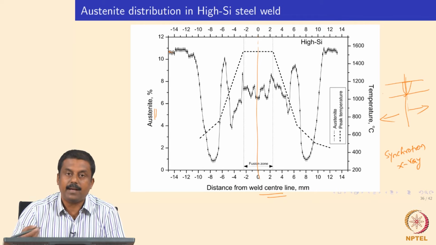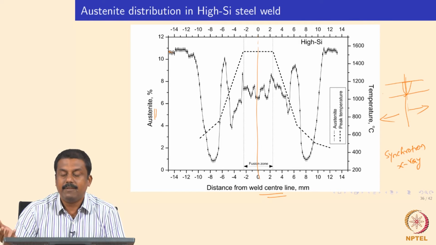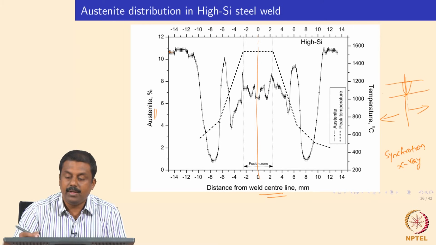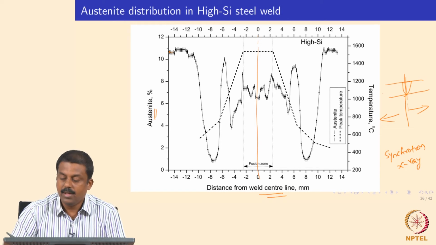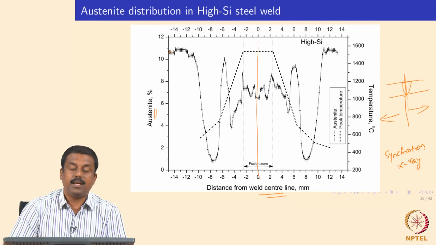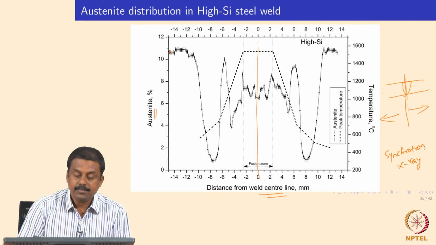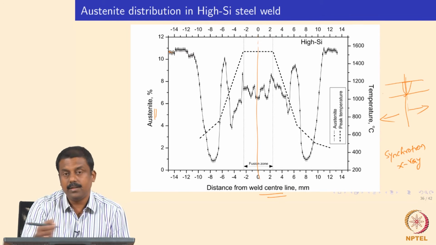So we can measure the diffraction on the other side of the sample, which is known as transmission X-ray diffraction. In the laboratory we will be doing it only in reflection mode, but because we use very high energy X-rays which can penetrate the sample at the weld and come out on the other side, we measure the diffraction on the other side in transmission. And due to that, these measurements are done.